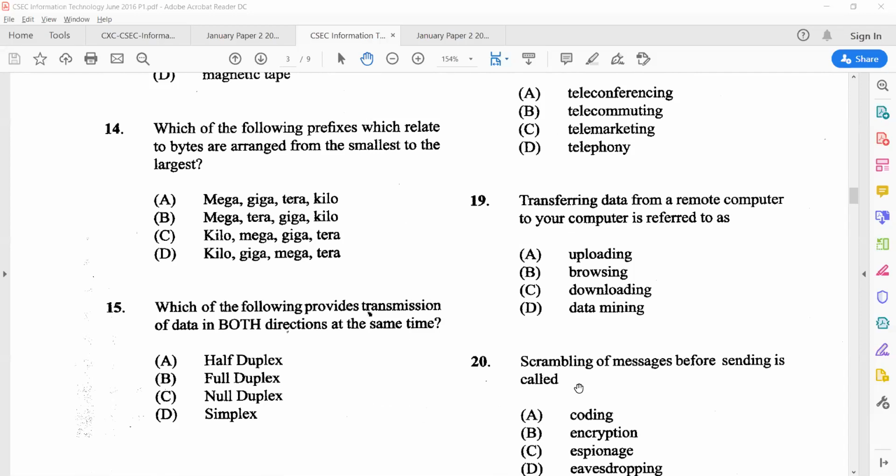All right, 19. Transferring data from a remote computer to your computer is referred to as what? Okay. So what you're looking at here is you have A, sir, upload.